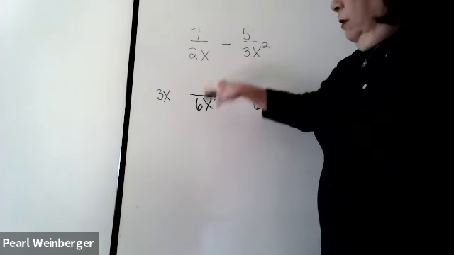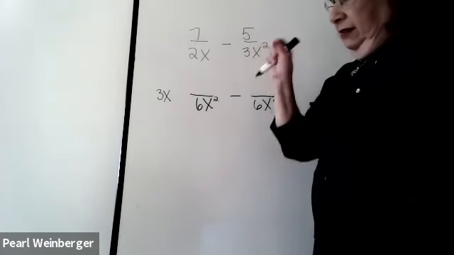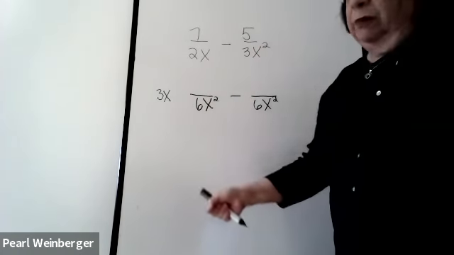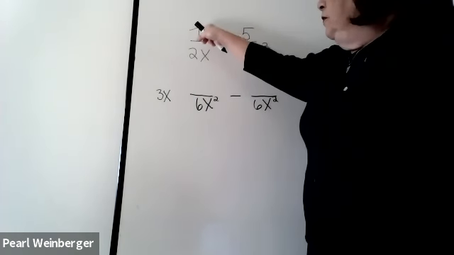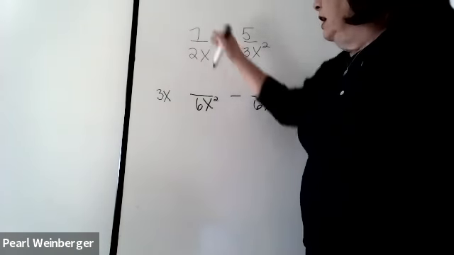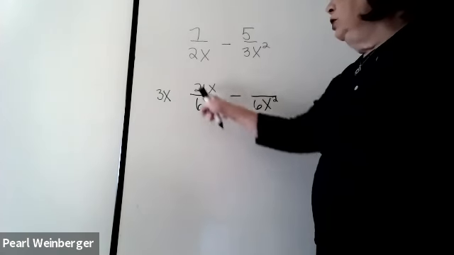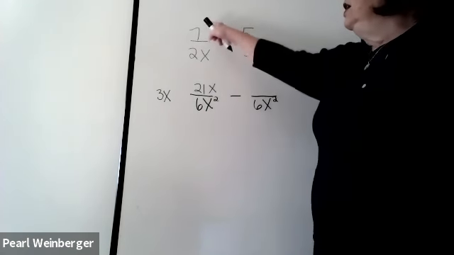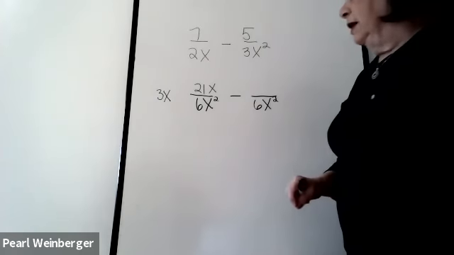Now, whatever I multiply the denominator by, I have to multiply the numerator by that same exact number in order for the fraction to be the same value. So I do the 3x times the 7, and that gives me 21x. In other words, 21x over 6x squared is equal in value to 7 over 2x.